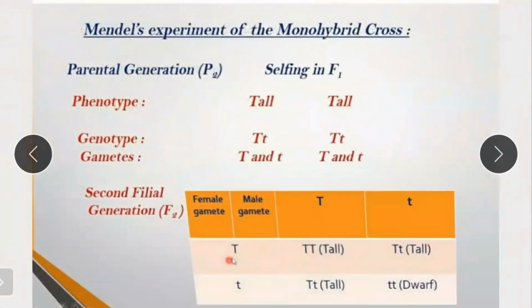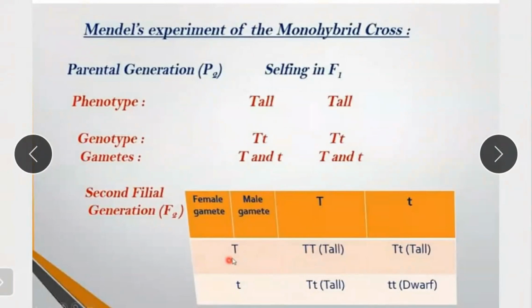Okay. So, in the parental generation P2, selfing in F1, the crosses were done with the self. Here the phenotype was tall and tall. Genotype is one capital T, one small t. What are the gametes we are getting? One capital T and one small t.